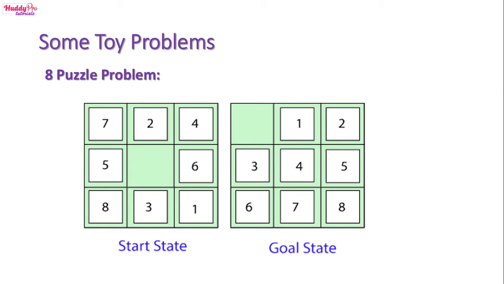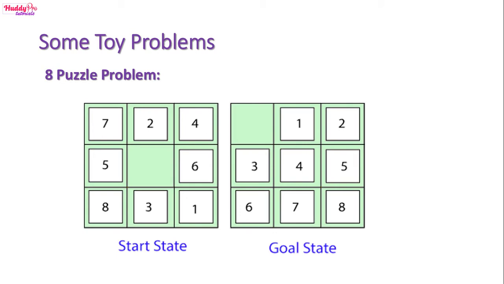Let's talk about the 8 puzzle problem. Here in the 8 puzzle problem, we have a 3x3 matrix. So this is what we mean. We have 1, 2, 3 rows by 1, 2, 3 columns.